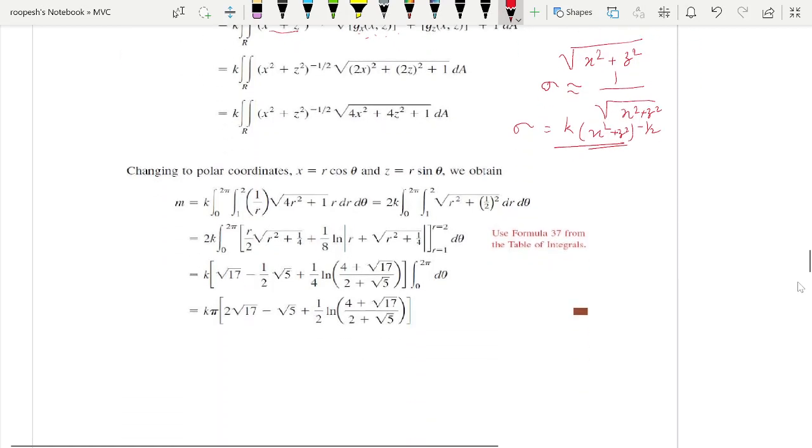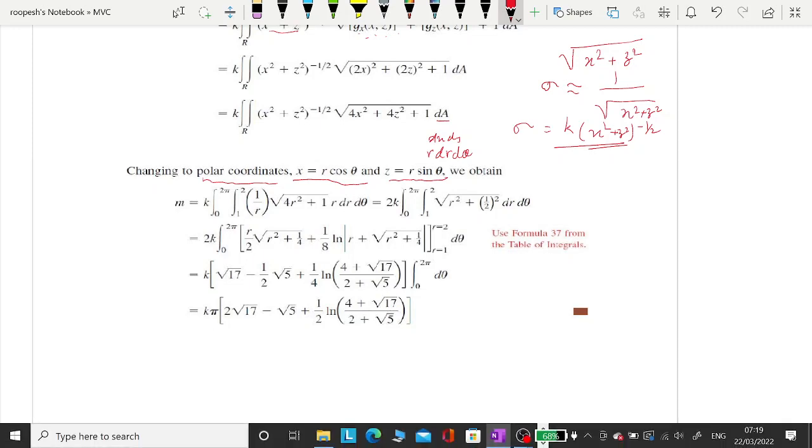The integration has x square plus z square, so you can go for polar coordinate systems with x equal to r cos theta and z equal to r sin theta, and substituting we will get, and remember dA means dx dz, which can be replaced with r dr d theta. Right? Now remembering that, you convert everything into polar coordinates, and you get an expression like this.